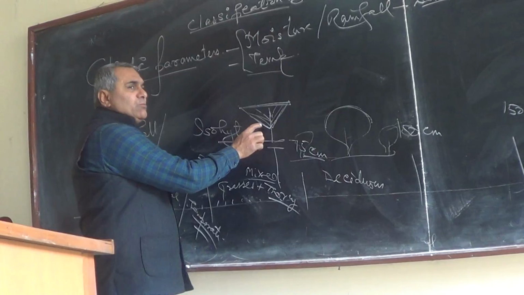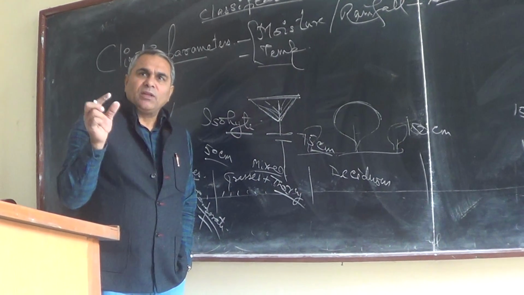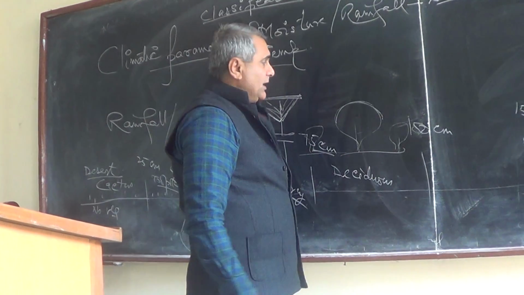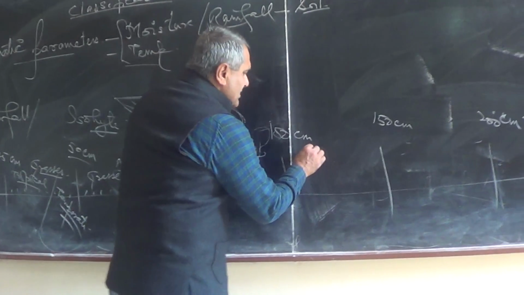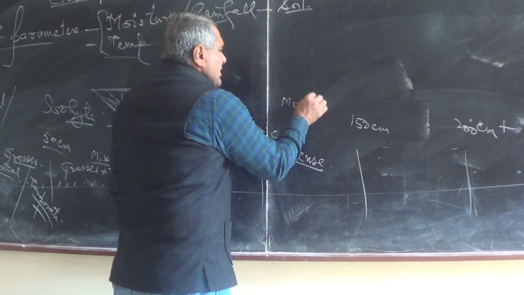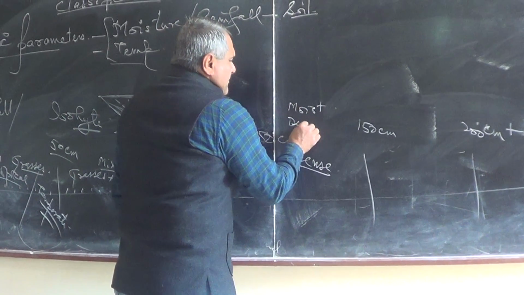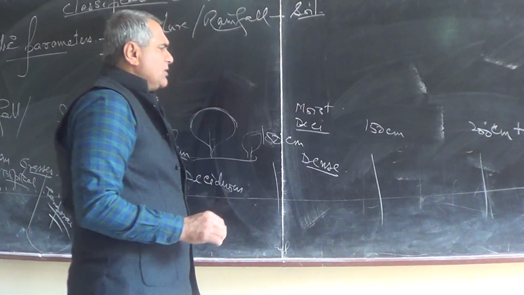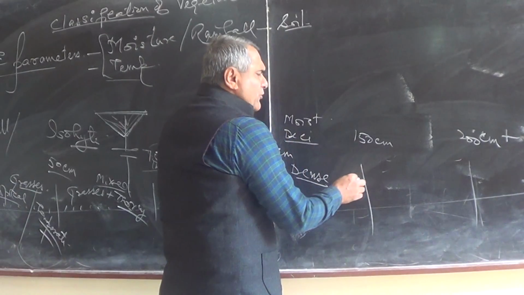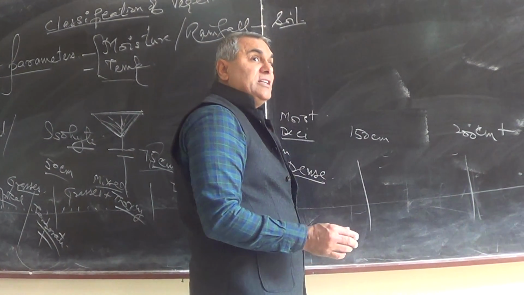Here leaves are more waxy and leathery. Here leaf size becomes bigger, and this is dense vegetation. This is, we can say, moist deciduous, when amount of rainfall increases more than 50 centimeter.